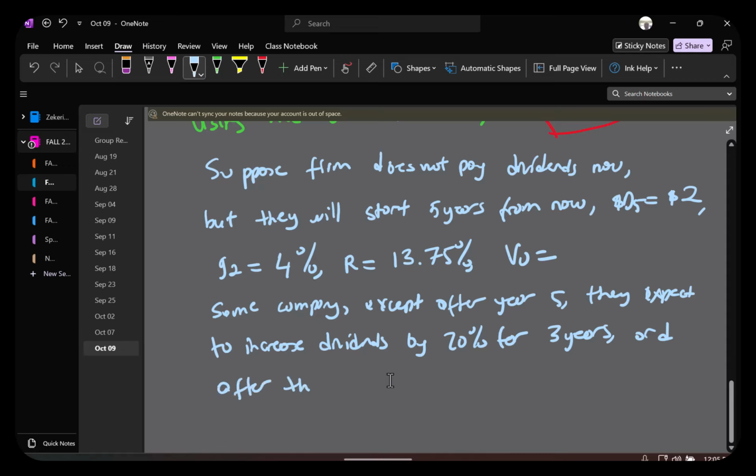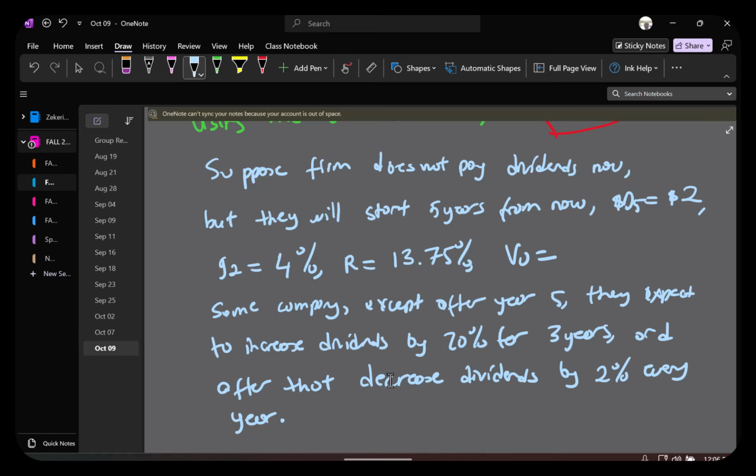And after that, decrease dividends by 2% every year. There is no rule that says dividend growth is always going to be positive, right? In fact, companies are known to reduce their dividend amount, which is typically not good news for the stock, but it happens.